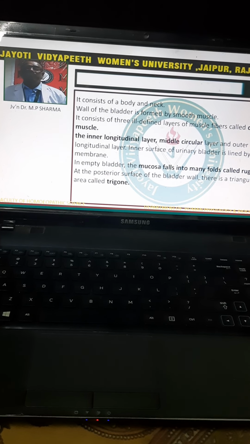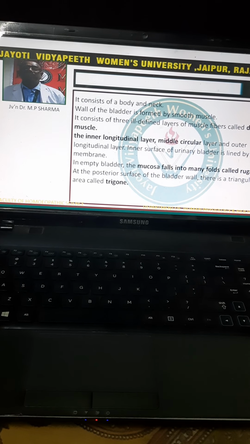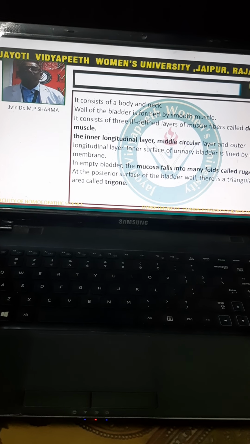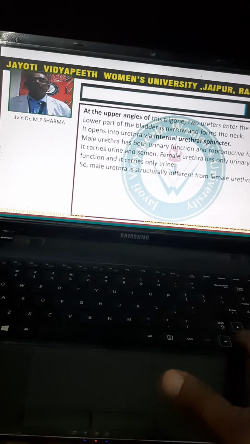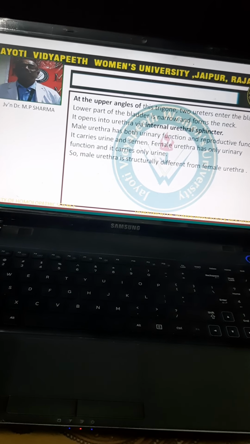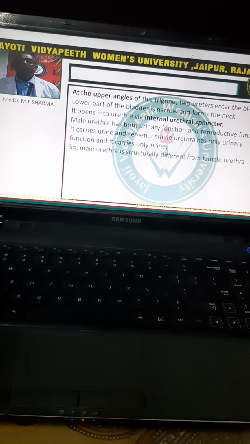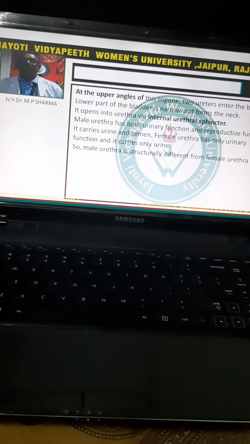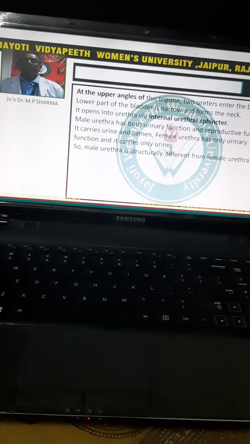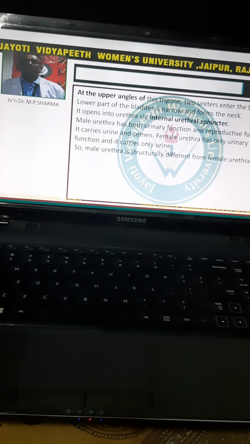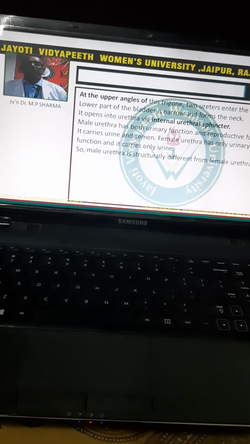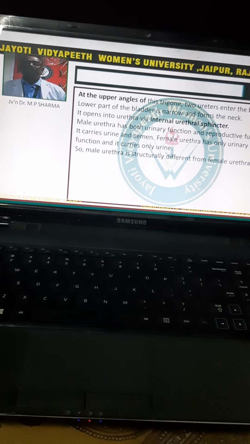At the posterior surface of the bladder wall, there is a triangular area called the trigone. At the upper angles of this trigone, two ureters enter the bladder. The lower part of the bladder is narrow and forms the neck, and it opens into the urethra via the internal urethral sphincter.